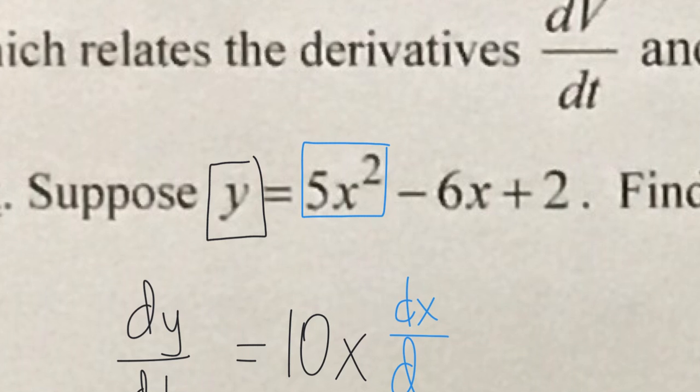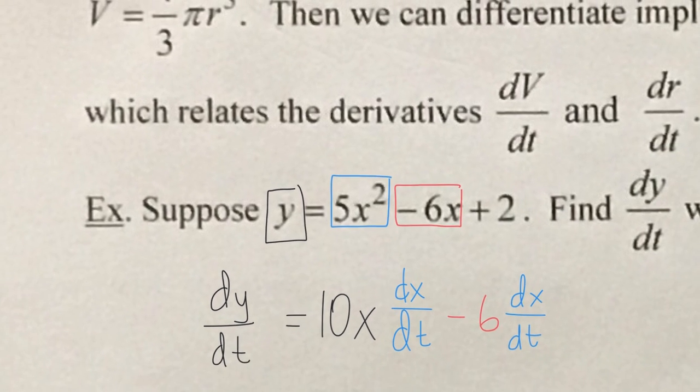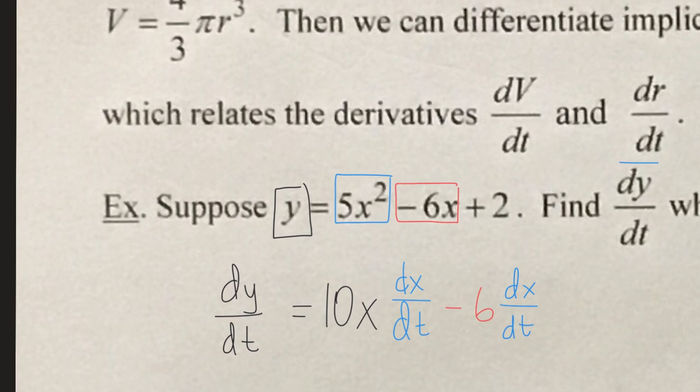We're taking the derivative of x with respect to time, so dx dt, or x prime. And what's the derivative of minus 6x? Well, minus 6 dx dt, because every time we take a derivative of a variable, we always have the prime, the dx dt, dy dt, whatever.